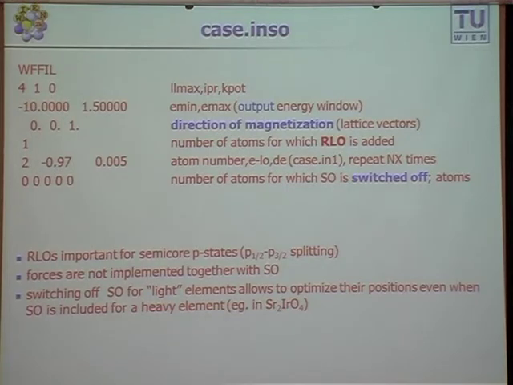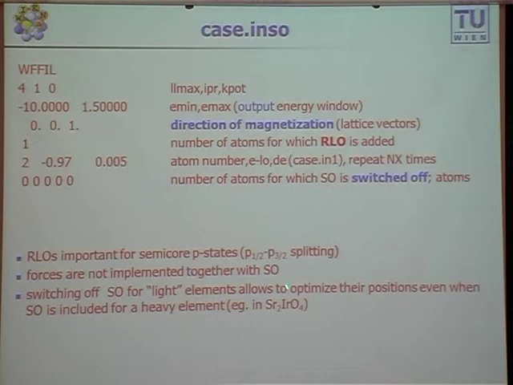Obviously, if you have, I don't know, a strontium iridium oxide, where is spin-orbit coupling important? For which atom? For the iridium, obviously. Now, WIEN has a restriction. The calculation of atomic forces, which I will come to in a moment, is not implemented together with spin-orbit. That means when you have spin-orbit on all the atoms, you cannot do structure optimization.